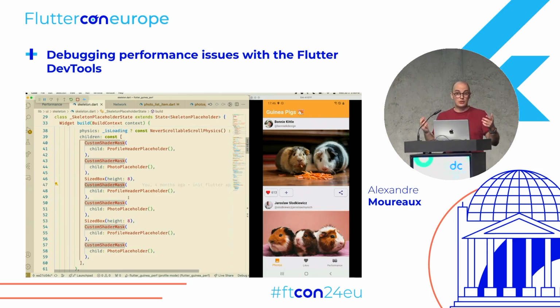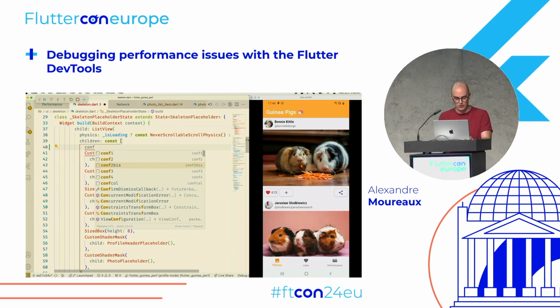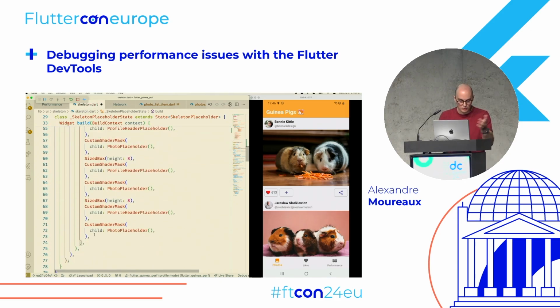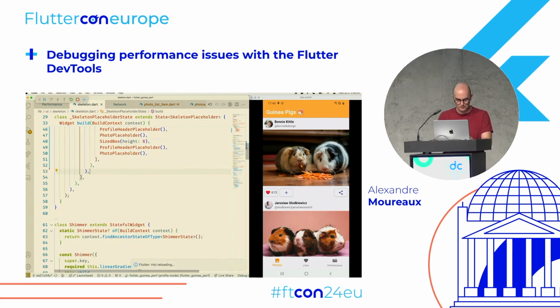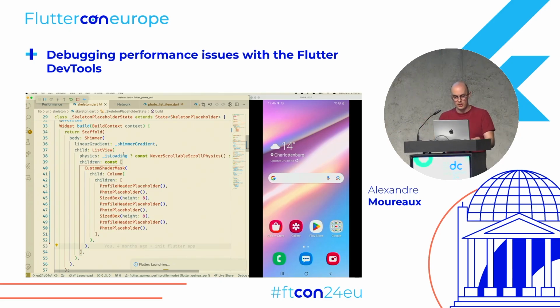And so those 6 shader masks actually correspond to our 6 save layer calls. So one easy fix is just to regroup them into one single shader mask instead, and do something like this. So, a custom shader mask that uses the shader mask widget from Flutter under the hood. If we do this and rebuild, it should be much better.